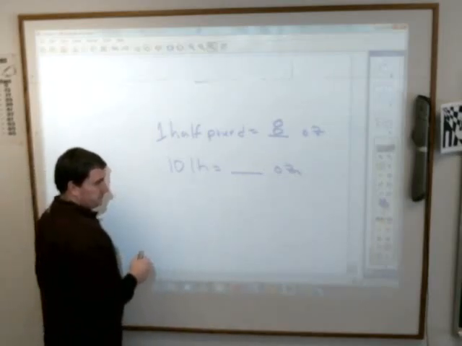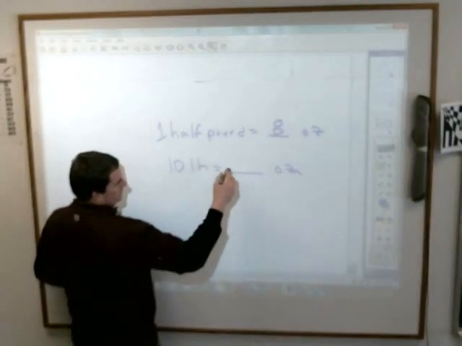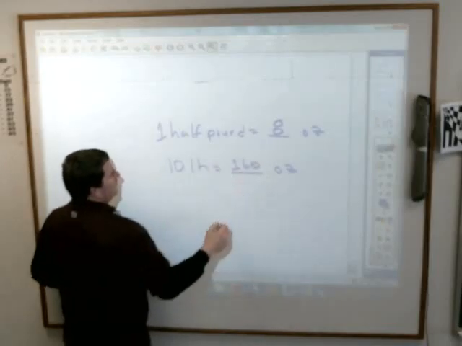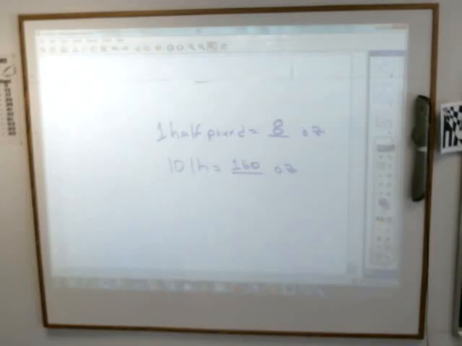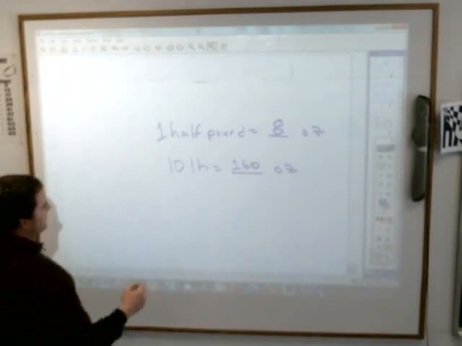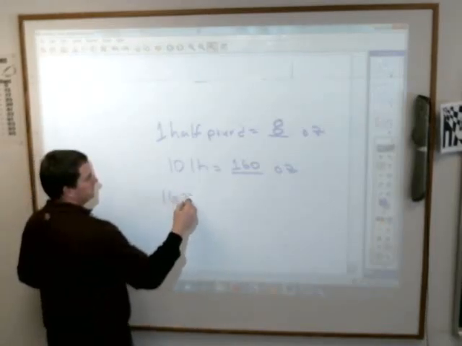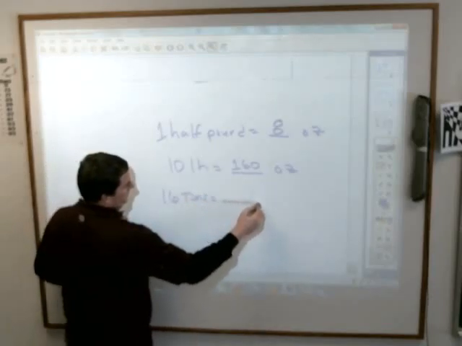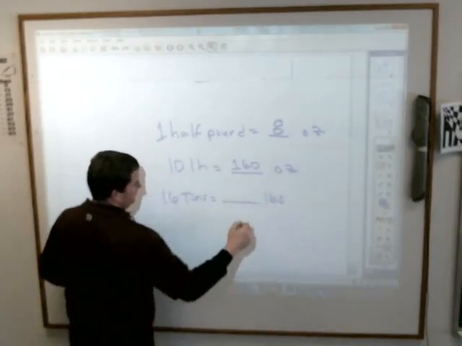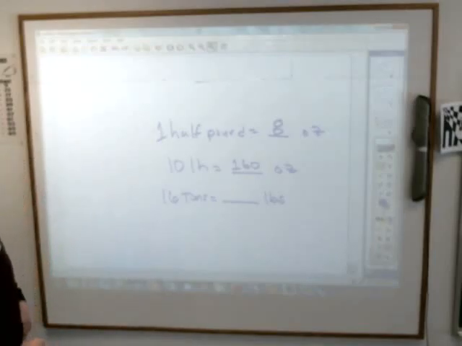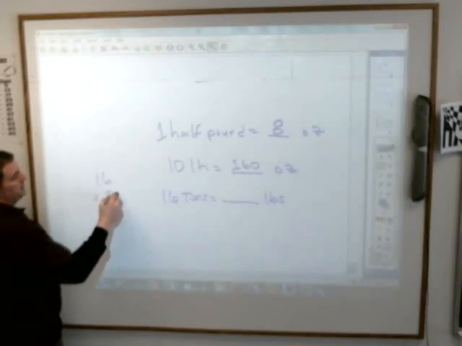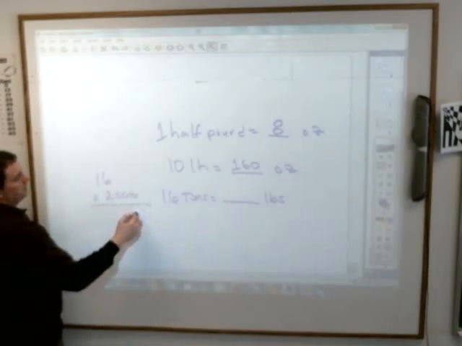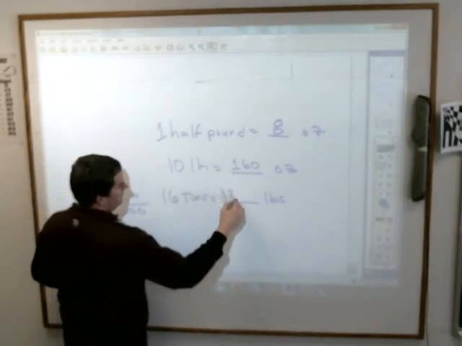Caleb, what do you think? 160. Another question they ask is, 16 tons equals how many pounds? How many pounds are in 1 ton? 2,000. So if you have 16 times 2,000, you can drop those zeros down.